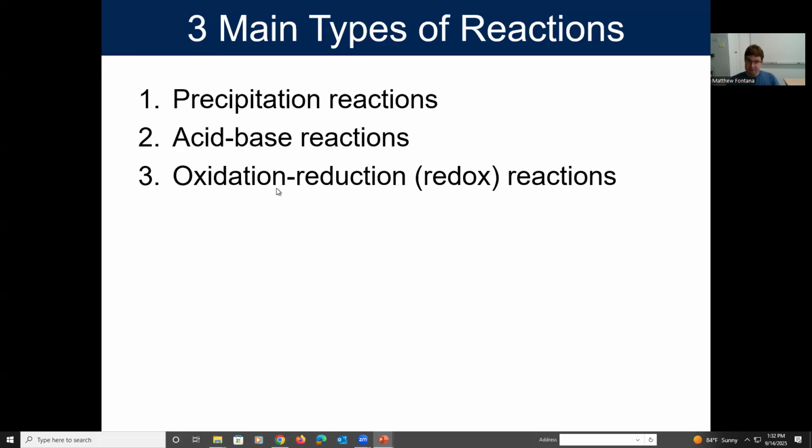Also in Chemistry 3B, we'll have another chapter dedicated to oxidation and reduction reactions. So that's the overview of where we're going. Today we'll cover precipitation reactions, and then we'll likely either leave one question of precipitation reactions for the end, or we'll get all the way through and cut it off before we get to acid and base reactions.